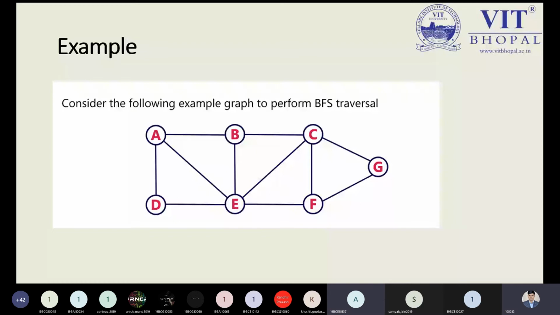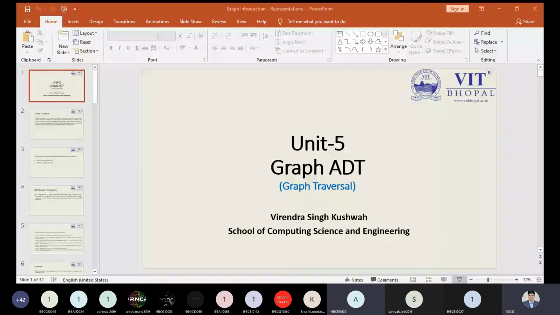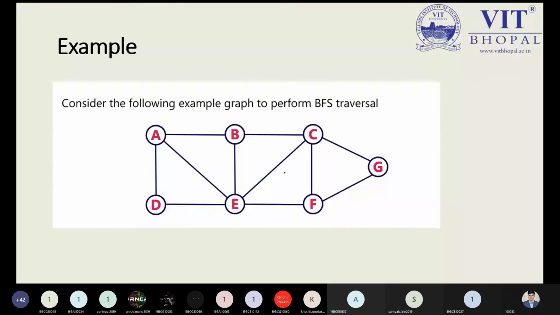Yes, sir, for the first loop, I think D, A, E, B. Okay, you are picking D, then A, then E, then E, B. Then sir, B, F, C. After B, which node should I pick?